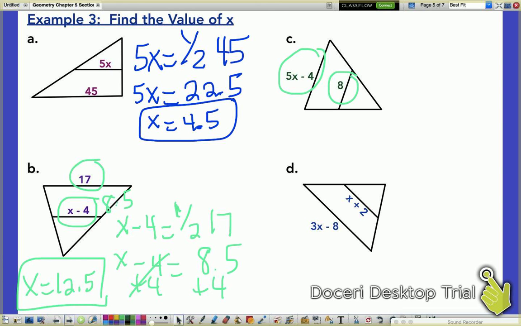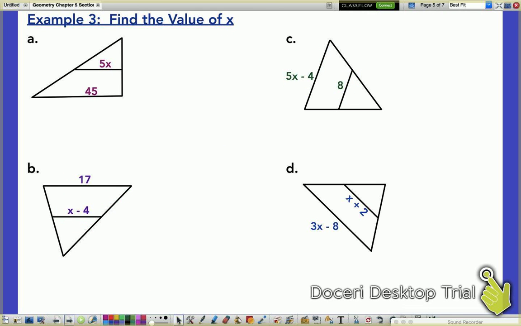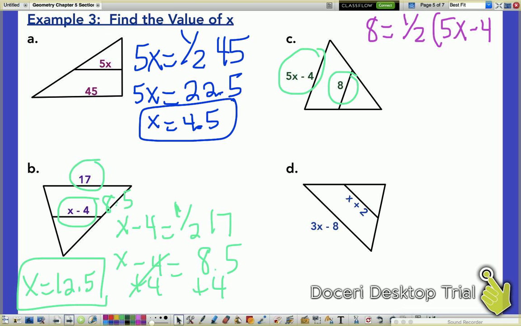So 8 is half of 5x minus 4. Oh, what did I just do? Okay, I pushed a button. So I need to take half of 5 and half of 4.